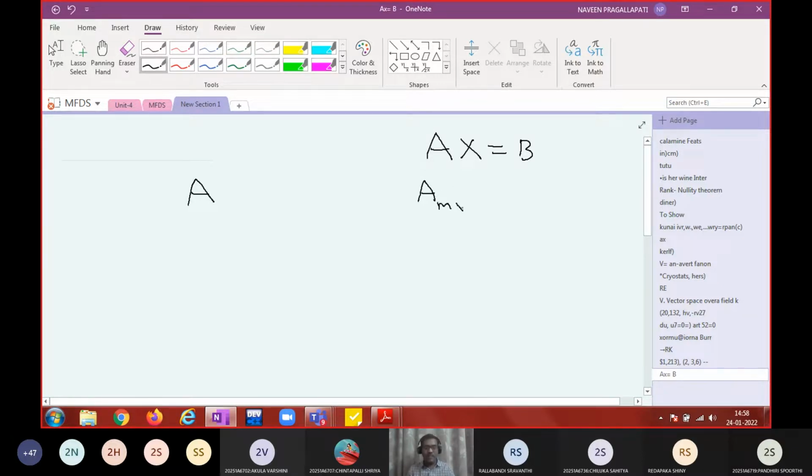A is an m by n matrix, right? Where number of equations may be equal to number of variables. You have seen number of equations more than number of variables. You also have seen number of equations less than number of variables. Any case is possible in case of system of linear equations. But what kind of matrix we considered in eigenvalues and eigenvectors? Do you remember?